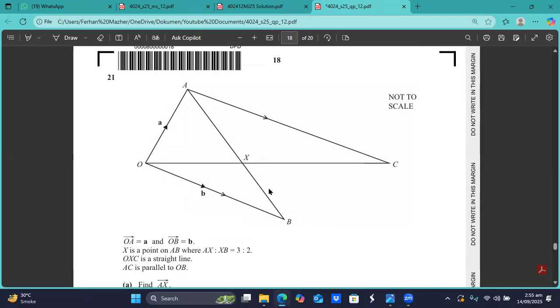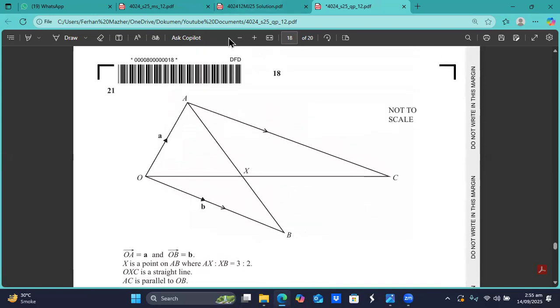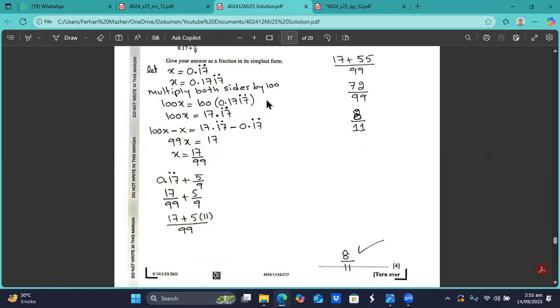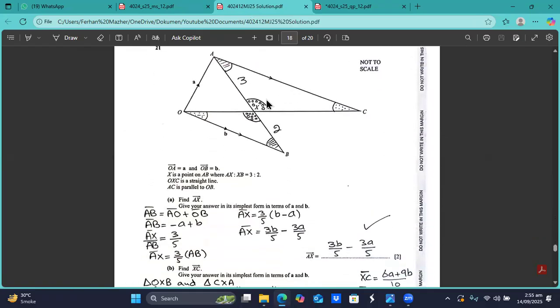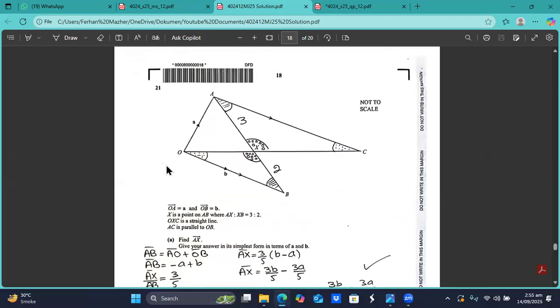This is 3 parts. This is 2 parts, total 5 parts. So first of all, I'm going to find out the AB. Okay. So I will make a bypass for this. We say bypass. So I will go from A to O, from O to B, and I will be able to get the value of the AB. Once I know the AB, then I can tell the AX value.